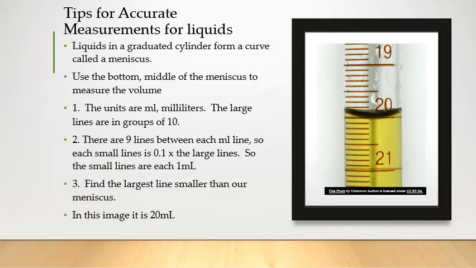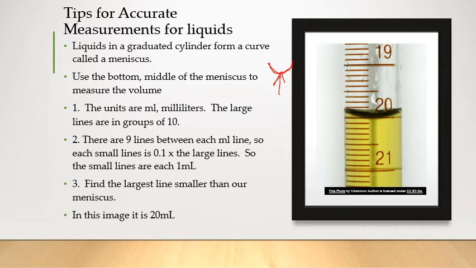To accurately measure liquids, again remember, liquids in a graduated cylinder form the curve called the meniscus. It's like a smiley face, okay? And we're going to use the bottom part of that meniscus to measure the volume. Units in a graduated cylinder are going to be milliliters.